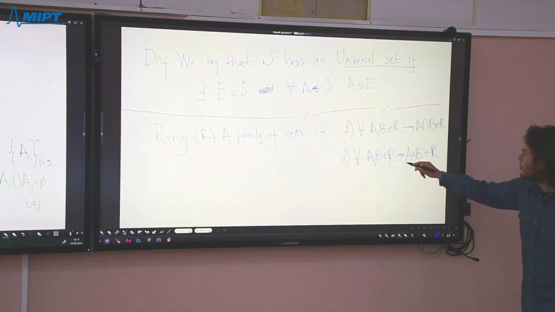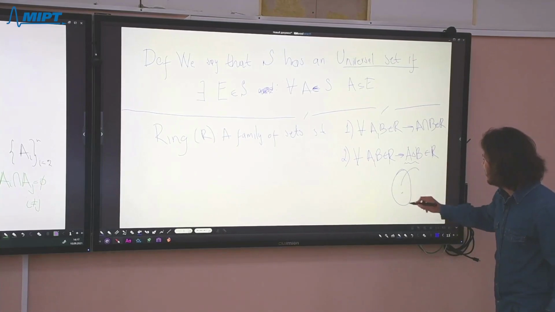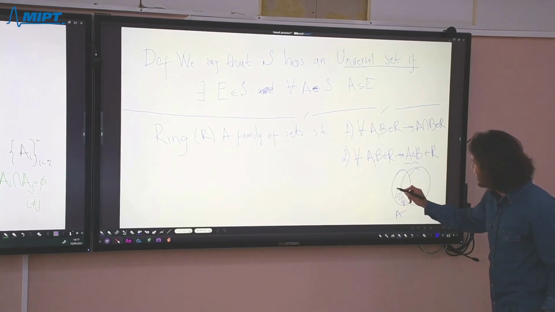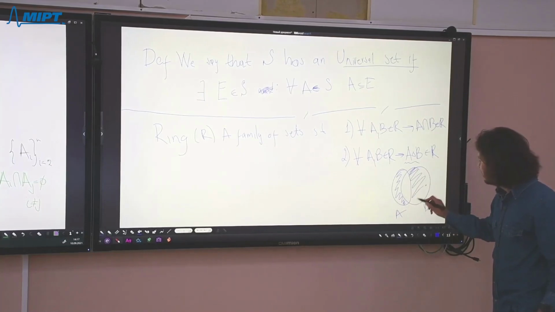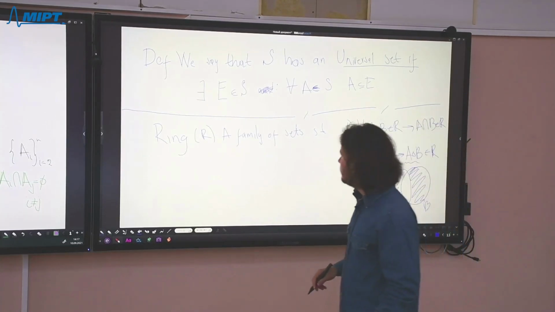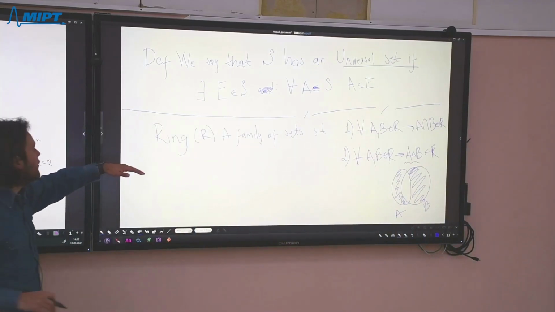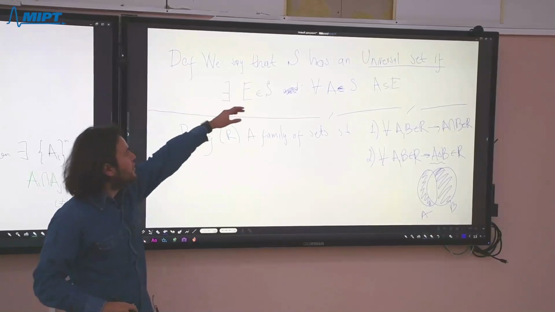So do you remember what the symmetric difference is? I hope, right? This is A, this is B. The symmetric difference is this set. Yes? Okay. And in the same way, we can define a ring with a universal set.